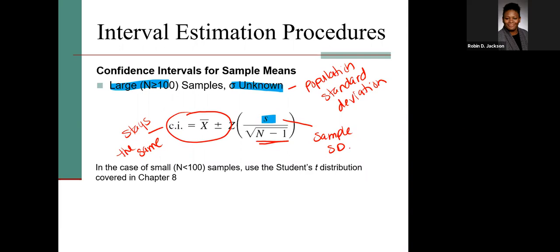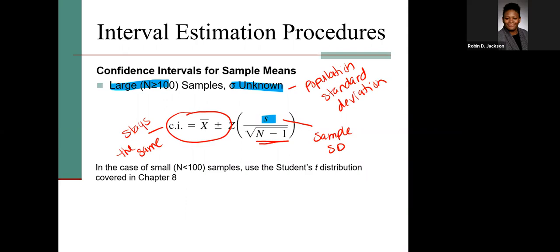You can use the sample standard deviation, but instead of dividing by the square root of just the number, you have to divide by the square root of the number minus 1. This is done to account for the fact that S is biased. So just like in the first formula, you plug the numbers into the equation.